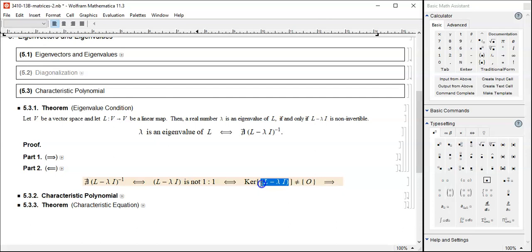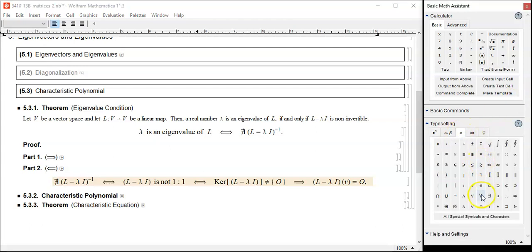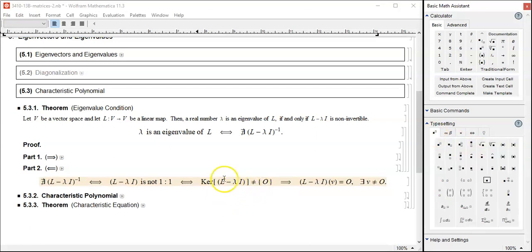So basically this is the 0 vector, yet you see, the kernel is non-zero, so there's a vector v other than the 0 vector that does this.